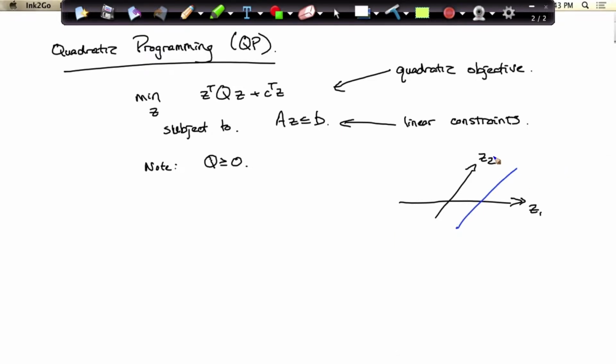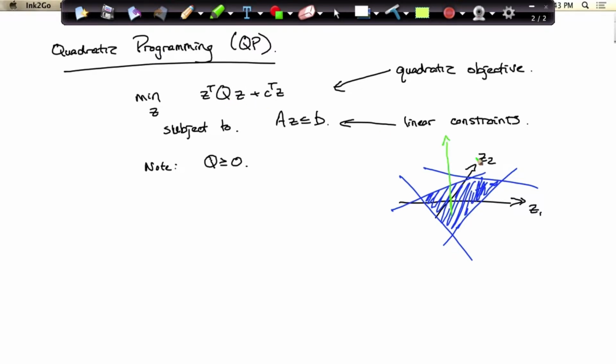So it cuts off, says maybe I'm on this side of the plane. Another one says maybe I'm on this side. You put them all together, since they all have to be satisfied, and I get some convex region of feasible points that satisfy those constraints.